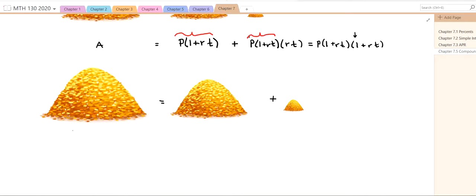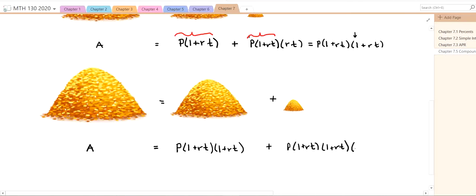Finally, we do this process a third time, and we end up with a relationship like this for our principal now. So it just keeps getting bigger and bigger. So then we have to take our new principal and multiply it again by RT to determine our interest.